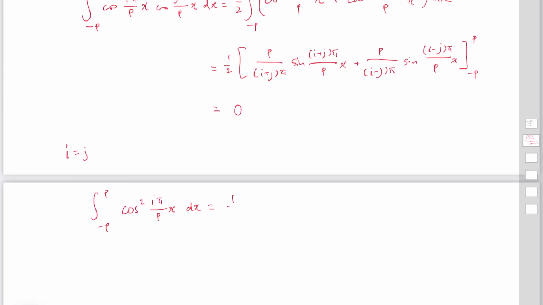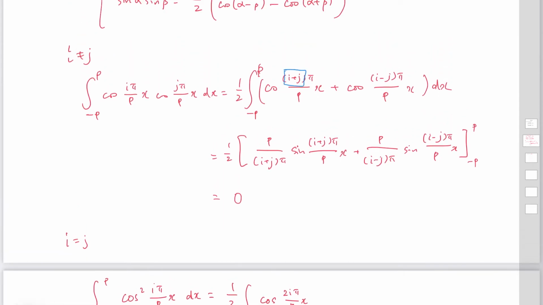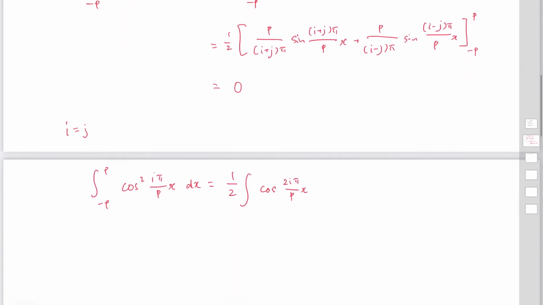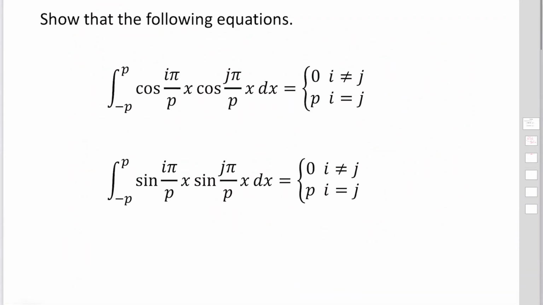So it becomes 1 over 2 times cosine(2i pi over p x) plus cosine 0, which is 1, dx from minus p to p. The integral of the cosine function in this case becomes 0, but the integral of the 1 becomes p. So I proved the first equation.